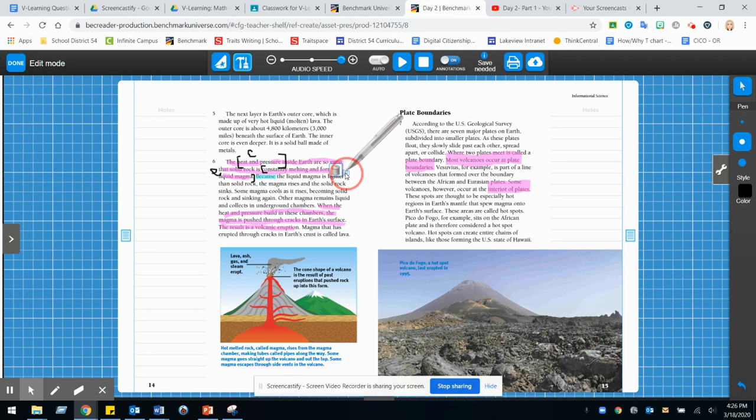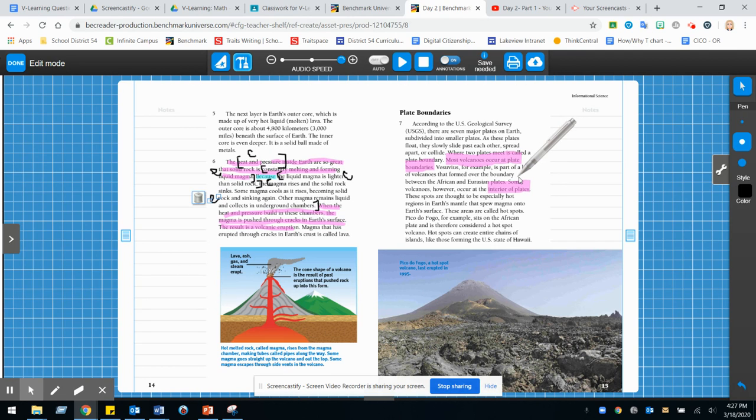There's the cause, that it's lighter. What happens because of that? Well, the magma rises and the solid rock sinks. And then there's a bunch of different things too. It says some magma cools as it rises, becoming solid rock and sinking again. Other magma remains liquid and collects in underground chambers. We can include all of that. That's everything that is the effect of liquid magma being lighter than solid rock. So I'll put my E over here.